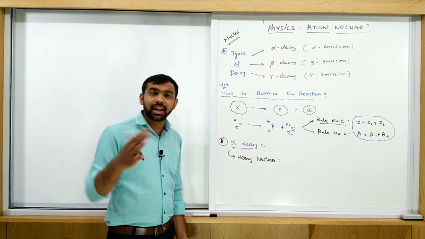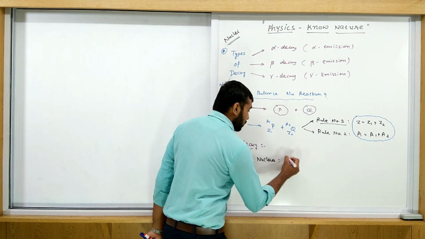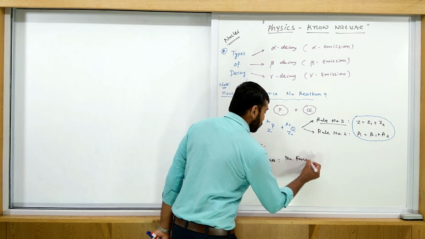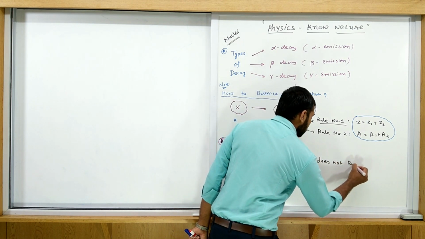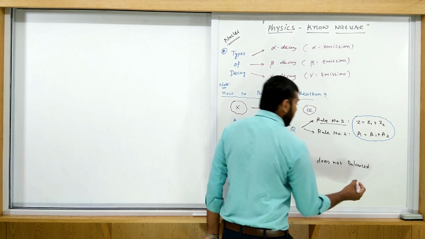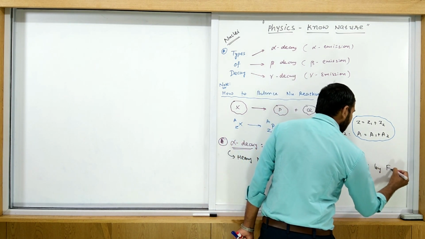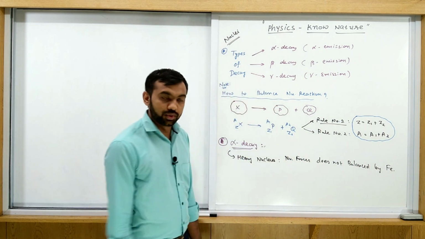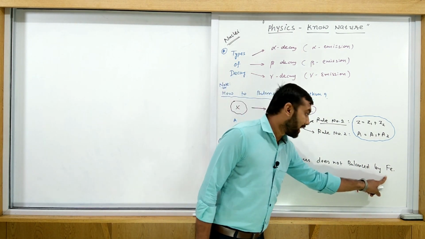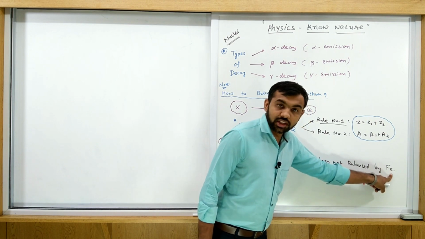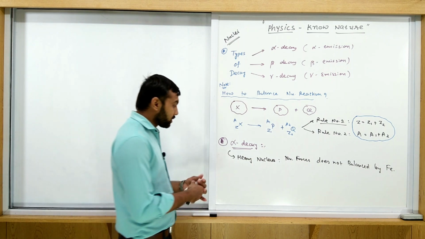This force is not balanced by the large repulsive force. So we write down: nuclear forces are not balanced by the large electrostatic repulsive forces, and due to this the heavy nucleus becomes unstable.